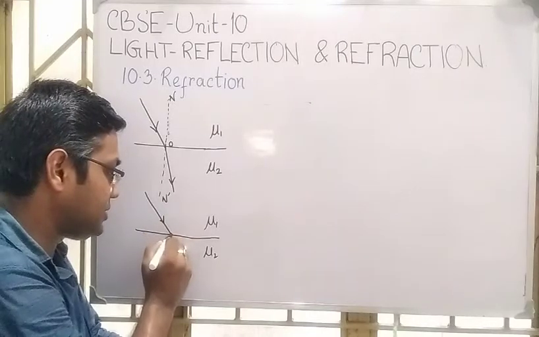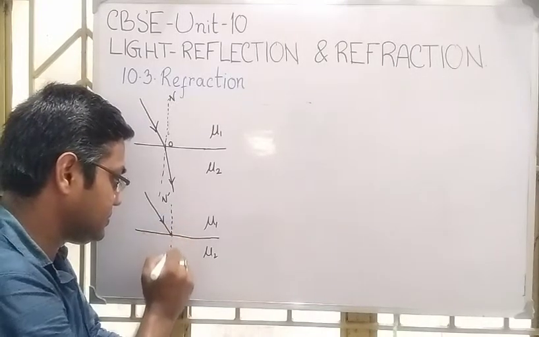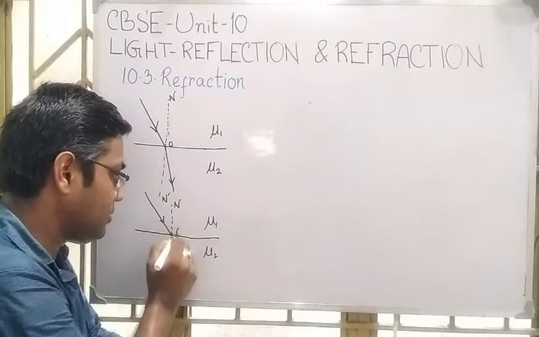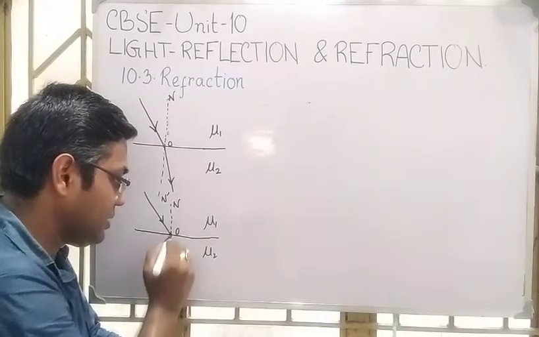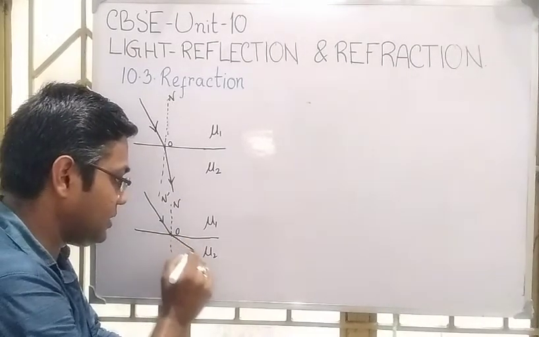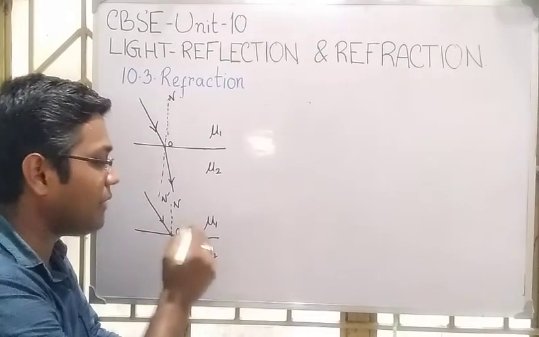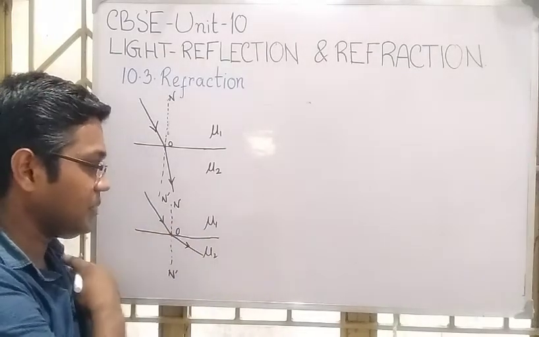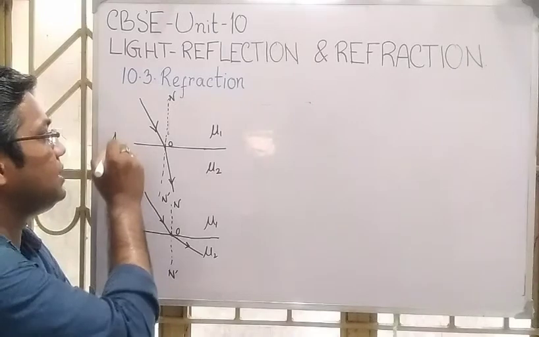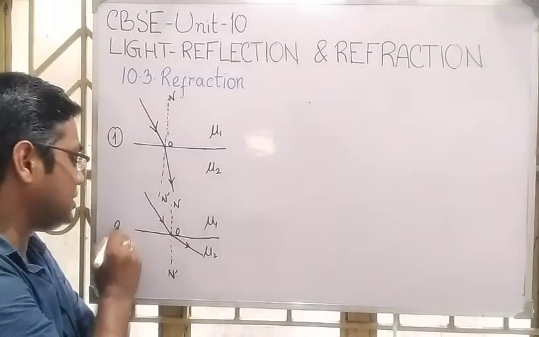Here also the light strikes, and N prime is the normal. Let us consider that here the light bends away from the normal. So this is diagram 1 and this is diagram 2.